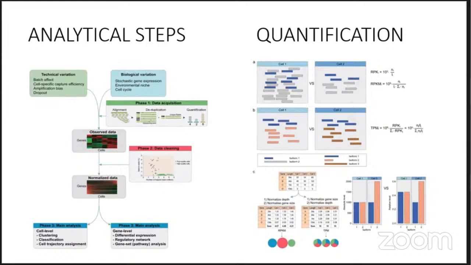That is known as the RPKM method, while the TPM is based on transcripts per million. So this method is becoming more and more common to calculate the quantification for our transcripts.